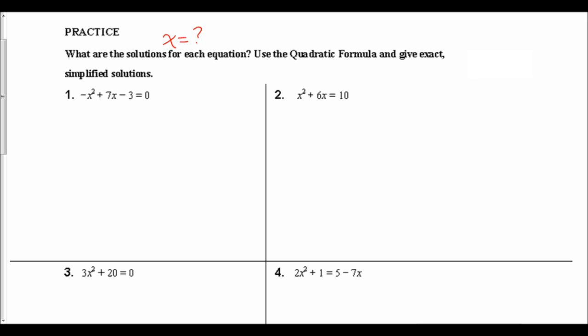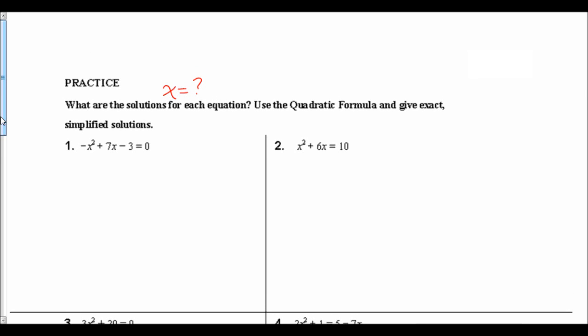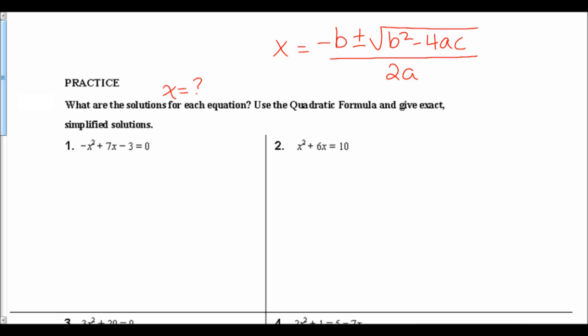So let's start out back on this page and let's rewrite the quadratic formula. X equals the opposite of b plus or minus the square root of b squared minus 4ac all over 2a. For each of these equations, be sure we have them set up in standard form. In number 1, we're already in standard form, where a is negative 1, b is 7, and c is negative 3.